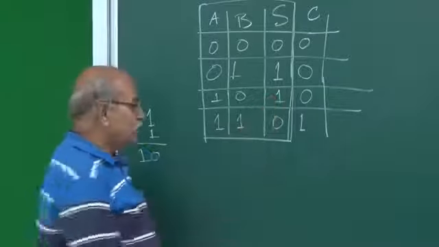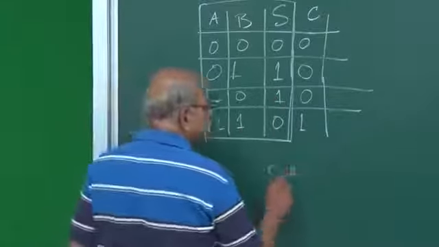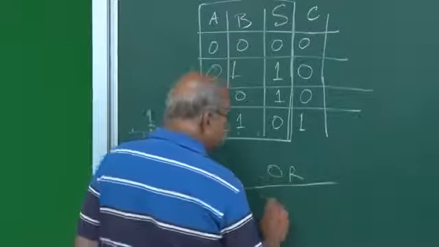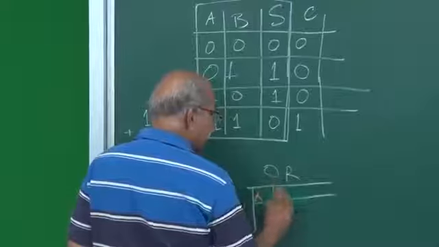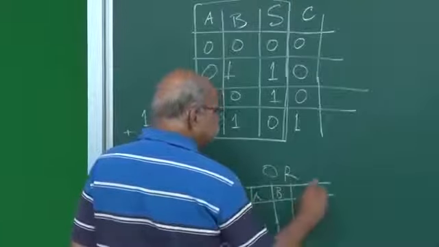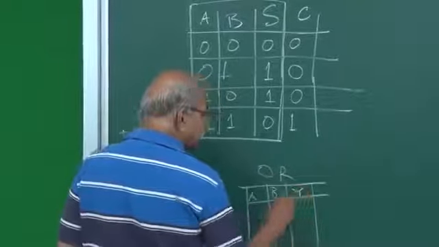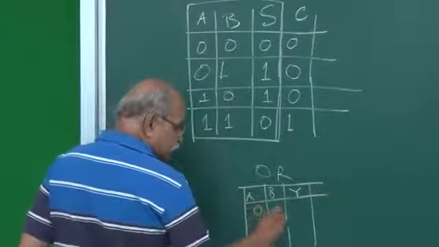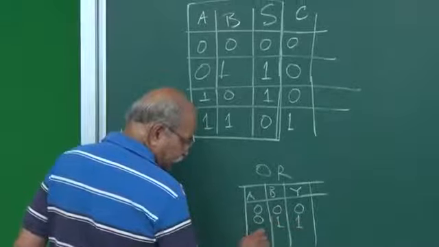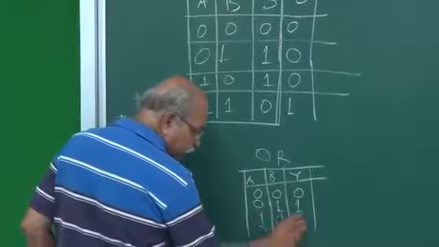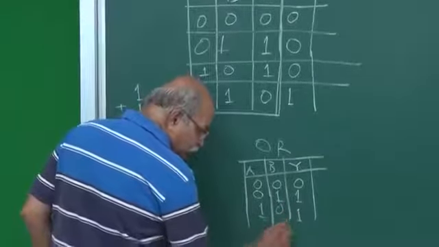In an OR gate the truth table was A, B and then Y. So, for OR we said that 0 0 is 0, 0 1 is 1, then 1 0 is 1 and 1 1 is also 1.